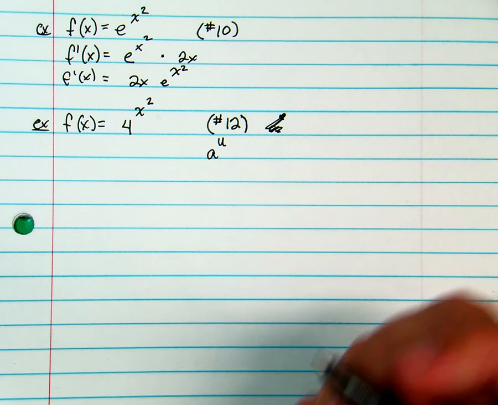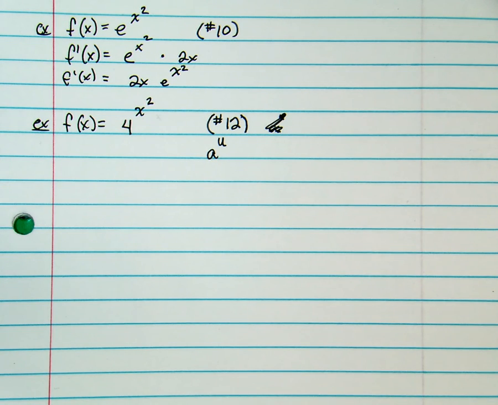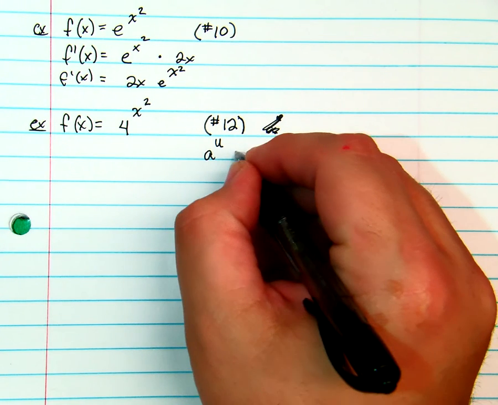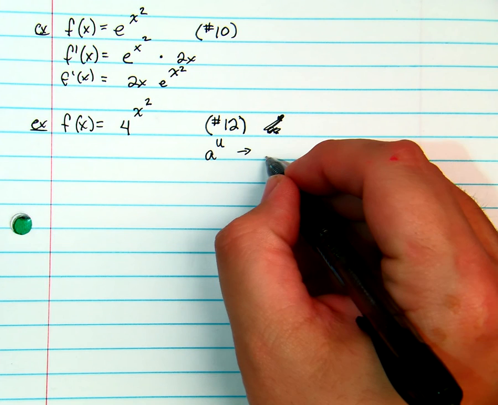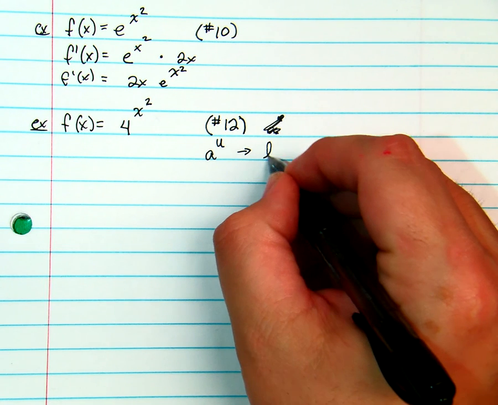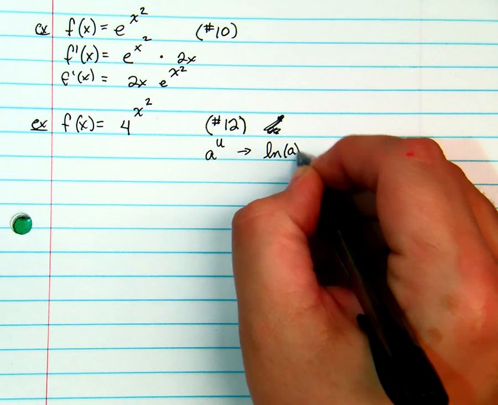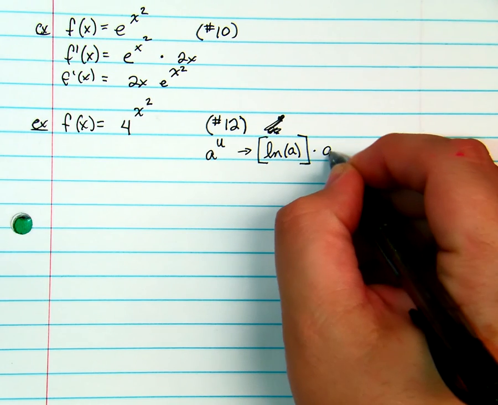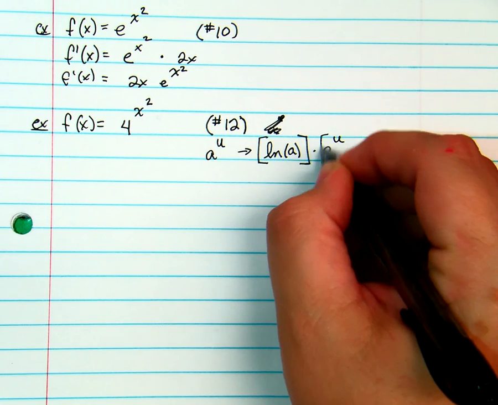Instead of just a to the x, which is the simple derivative, because you don't have to really apply the chain rule, even though technically the chain rule applies because the derivative of x is always 1 and it's always there, this says the derivative of this is going to be the natural log of a times a to the u times u prime.